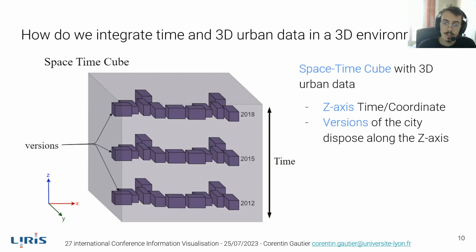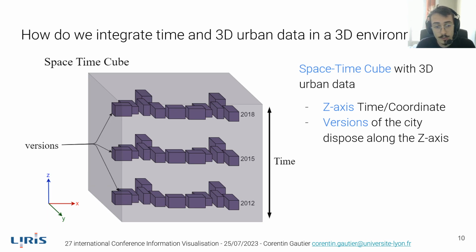How can we integrate the different versions in 3D space? How can we integrate time and 3D urban data in a 3D environment? As I said in the previous slide, we want to enhance the space-time cube with the 3D urban data. So the z-axis will be the time, but also the coordinate.